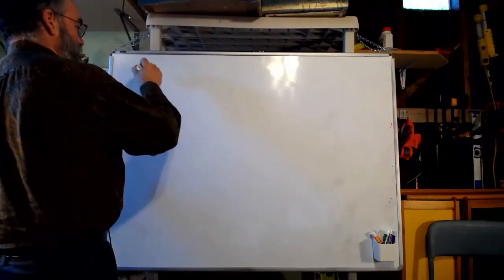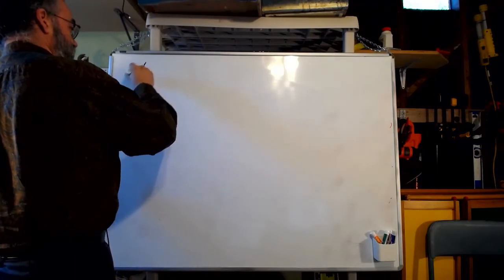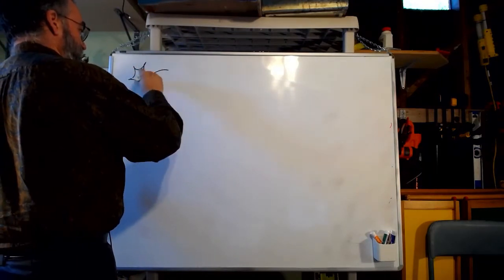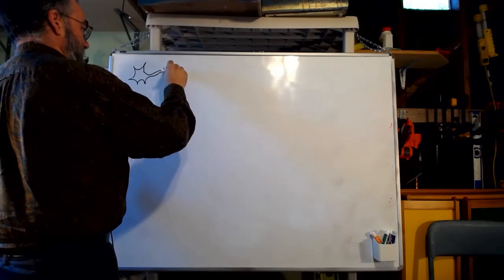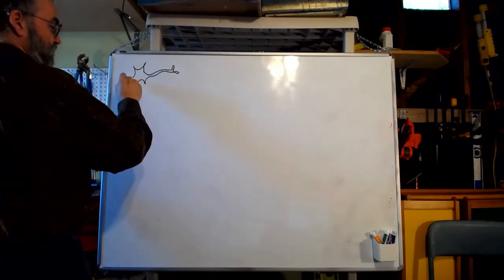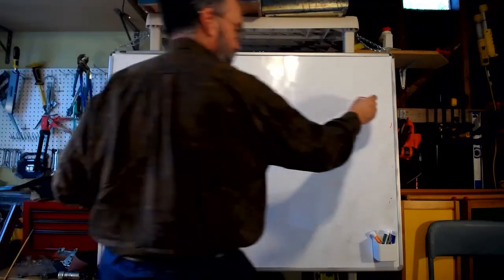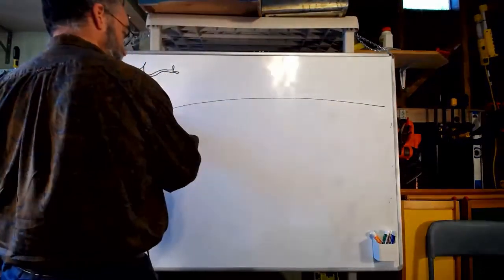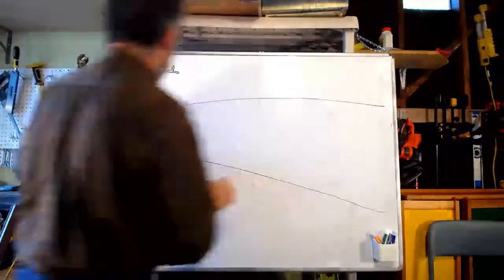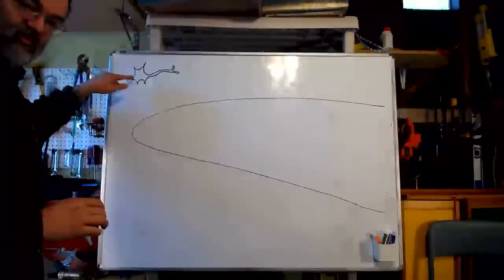So what I want you to imagine, if I had a nerve cell here, let's imagine that we're looking at a little bit of the dendrite, like this spot right here. So we'll draw this out like so. I'm looking at just this last part of this dendrite right here.